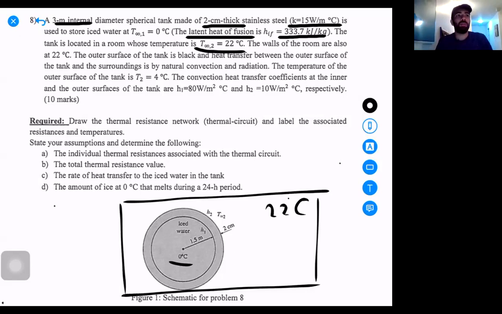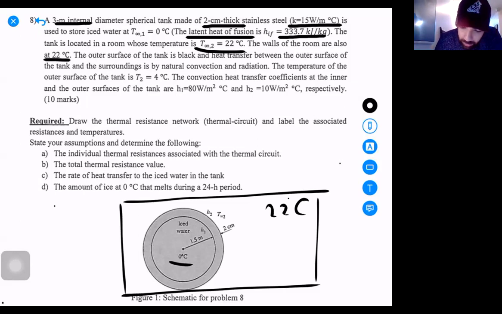And when it says 22 degrees Celsius is considered for the walls, similar to what we have for the surrounding air of this tank, it means that there is no temperature difference between the walls and the air inside the room. So we use a similar temperature for the walls, which is 22 degrees Celsius.